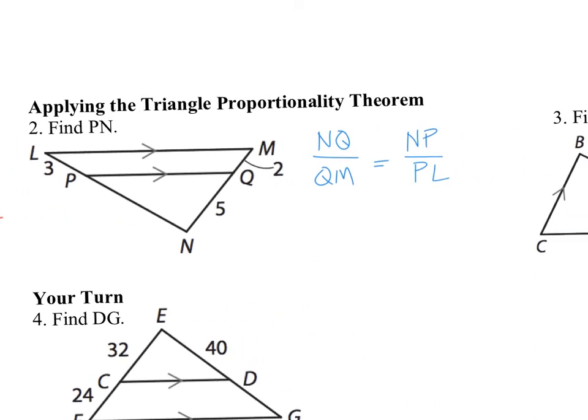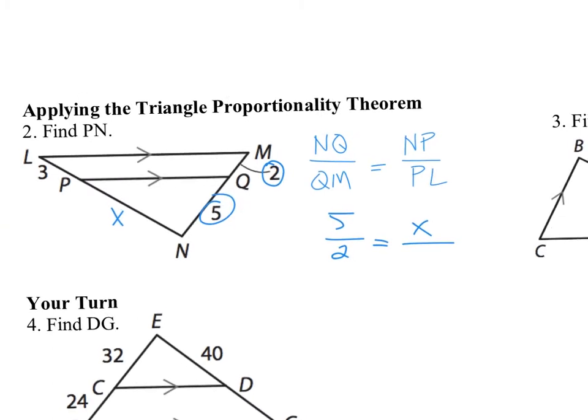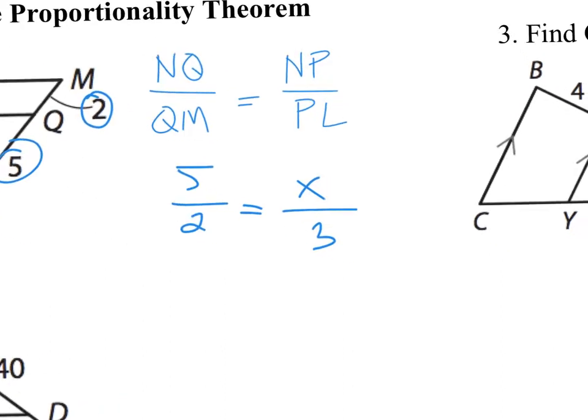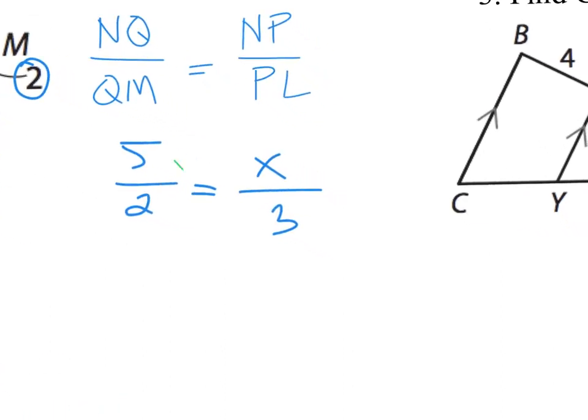So for NQ, we know that that's 5. QM we know is 2. NP, I don't know what it is, so I'm going to call that distance x. And PL we know is 3. Now we can use our cross product property, multiply diagonally.